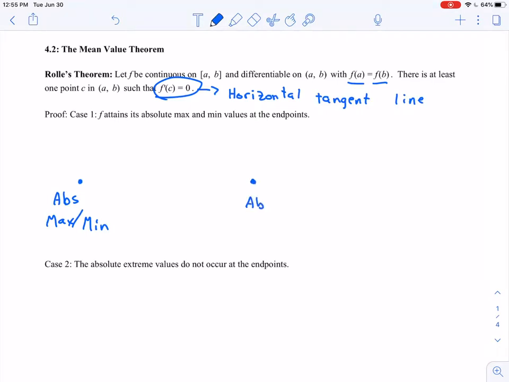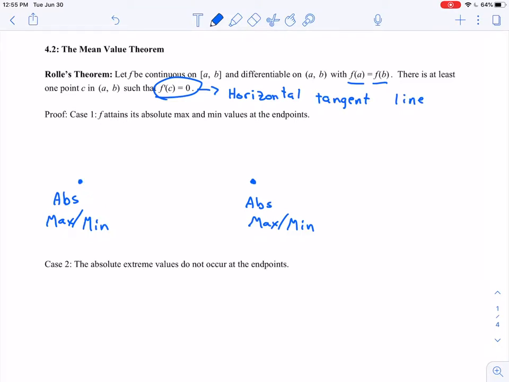This is also my absolute max and min. Well, if my graph were to go up any higher, then this point, or both of these points, would no longer be the absolute maximum. So it can't go up. If I went down, it's no longer the absolute minimum, so it can't go down.